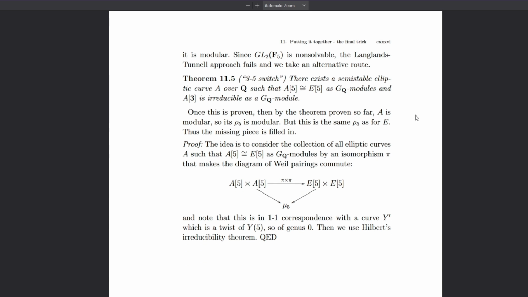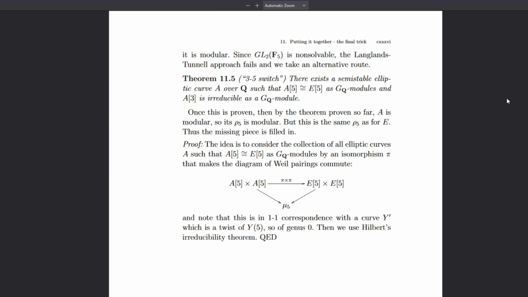Proof. The idea is to consider the collection of all elliptic curves A such that A[5] is isomorphic to E[5] as G_Q modules by an isomorphism pi. That makes the diagram of Weil pairings commute. This diagram is described by A[5] times A[5], which maps to E[5] times E[5] by the map pi times pi.